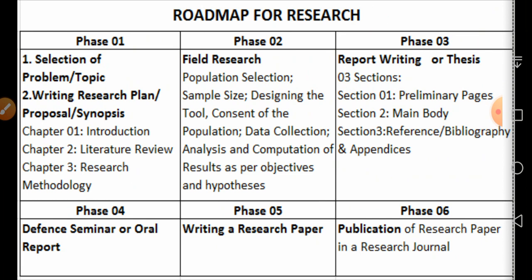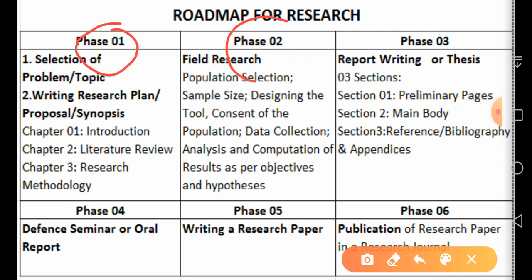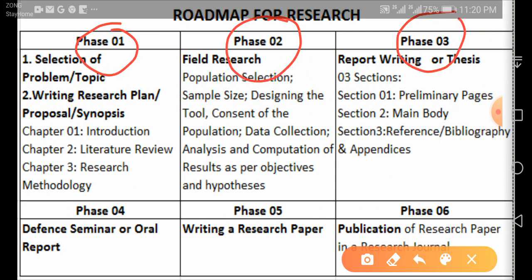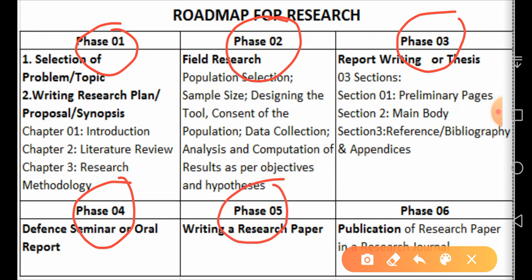So in the previous video recording, I had mentioned these six phases of research. As you can see, I'm circling them here.